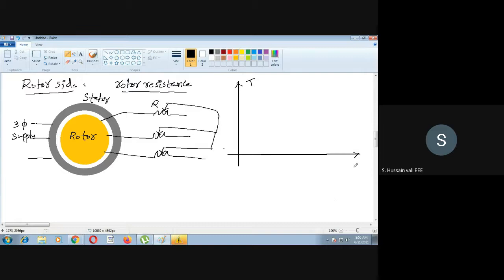So slip I will take here. Here 0, and I will take this as 1. Up to this there's a motoring condition. Up to the motoring condition we'll discuss, beyond that we'll see. So what is the graph if you recall?